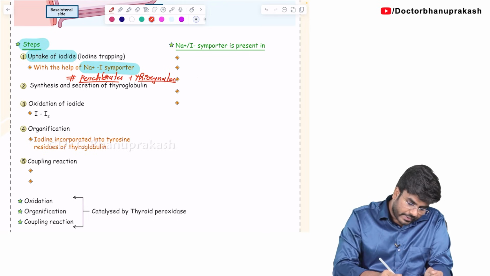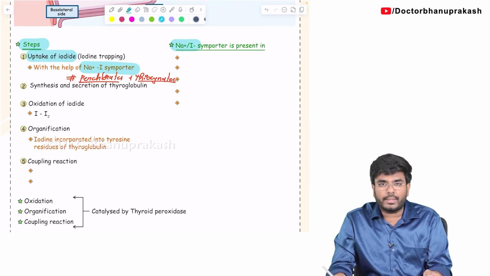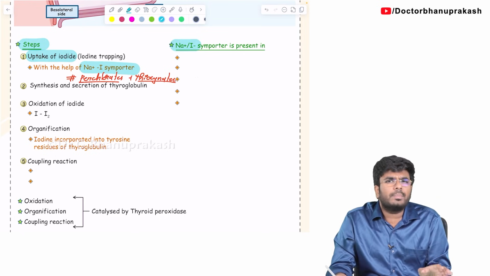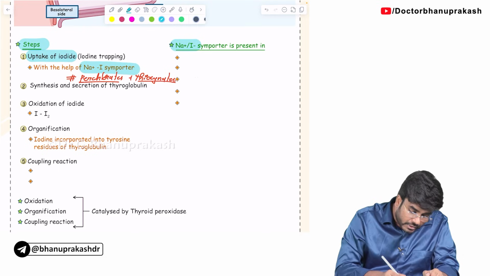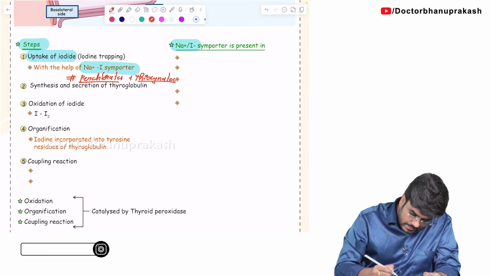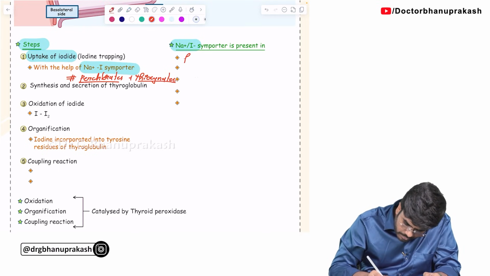Now the question is, sir, where exactly is the sodium iodide symporter present in our body? Do you think it's only present in the thyroid gland? Yes, of course it is present in the thyroid gland, on the follicular cells. But it is also present in some other areas, right?